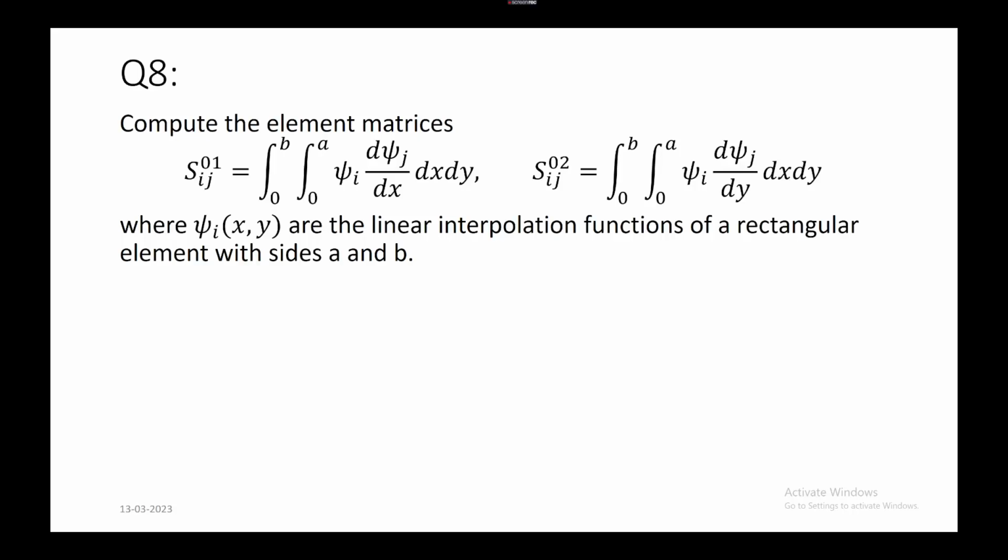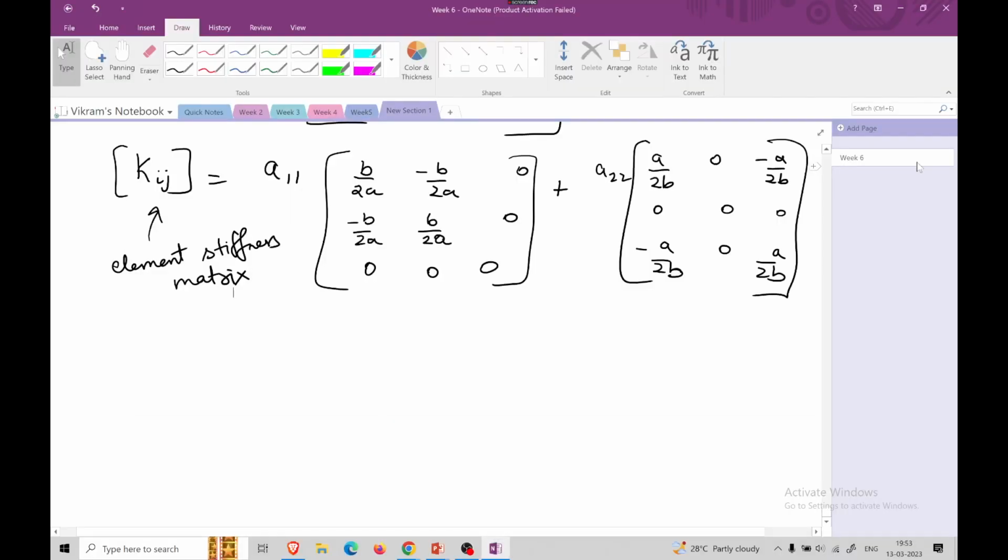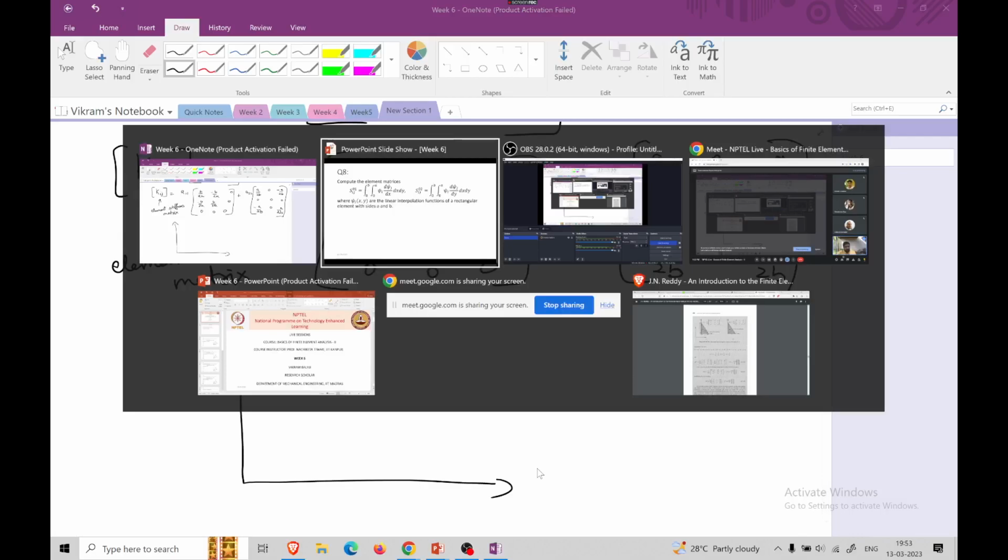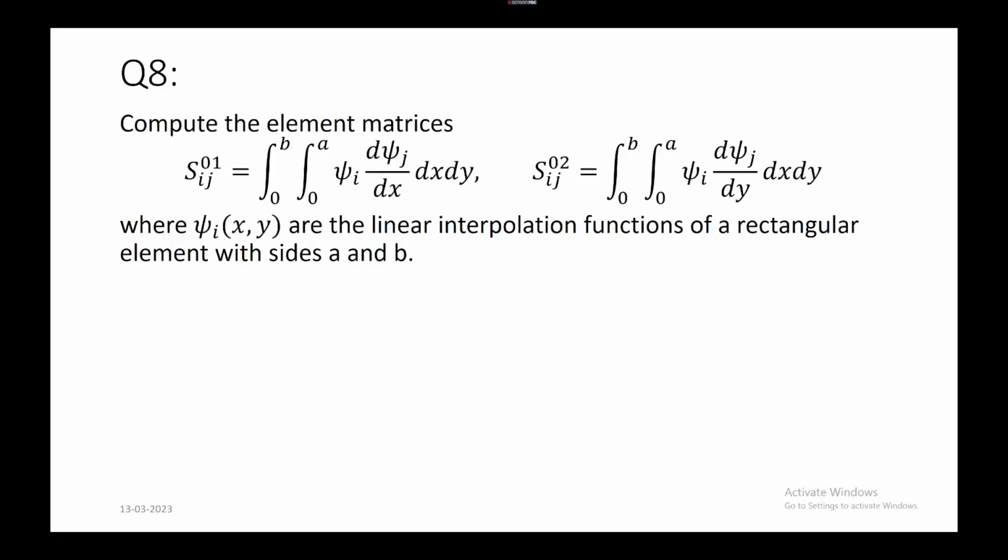So we have a linear interpolation function for rectangular elements, which we already derived. Let us say the element is varying from 0 to a and 0 to b.